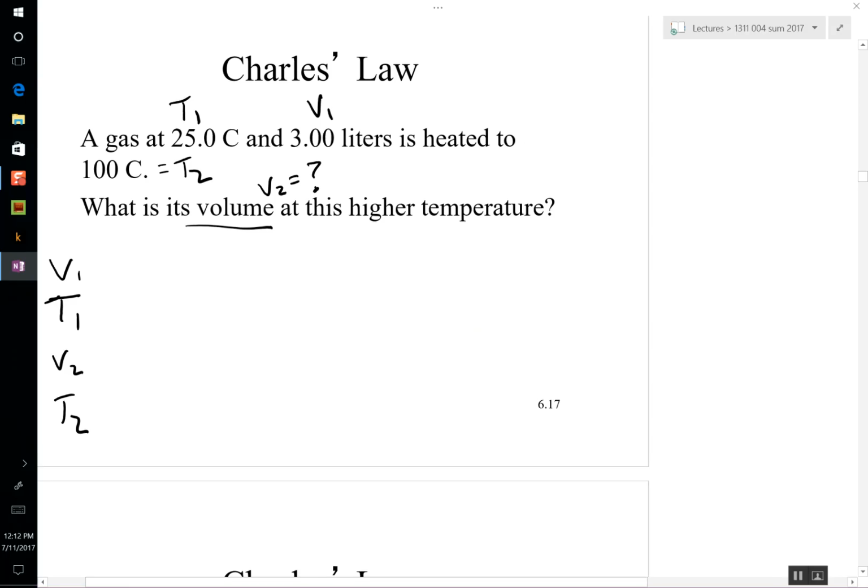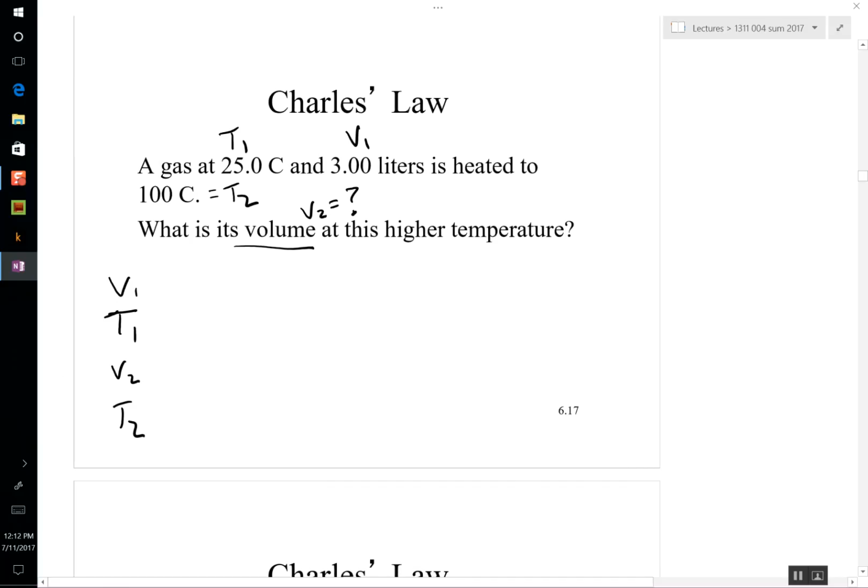All right, Charles' law says that V1 over T1 equals V2 over T2. V2 is my unknown, so I want an expression with V2 all by itself. Multiply both sides of this equation by T2.